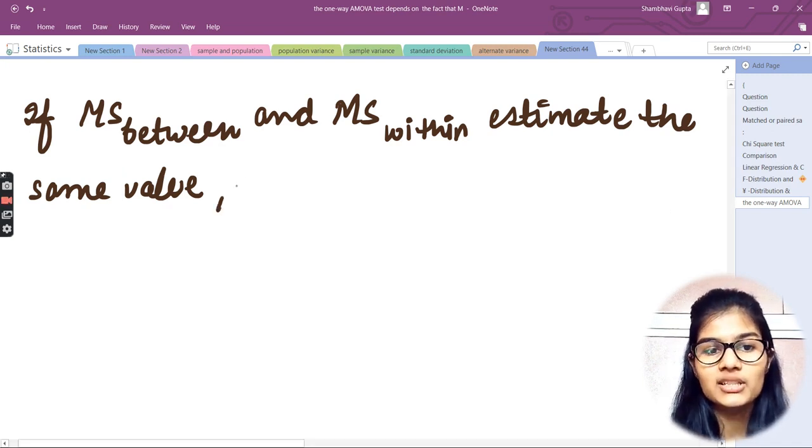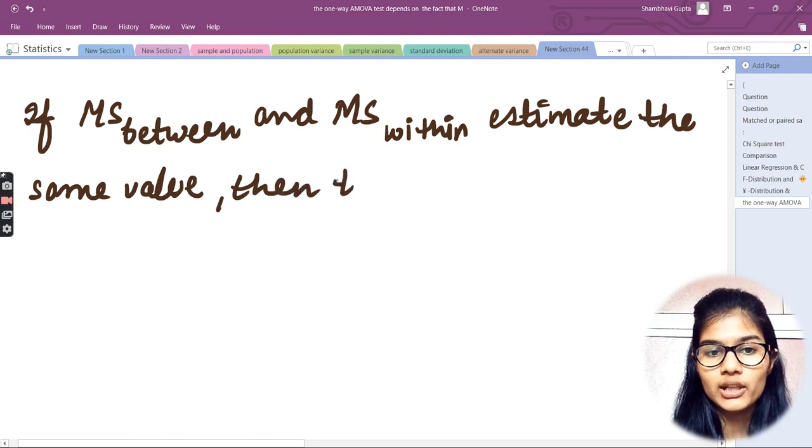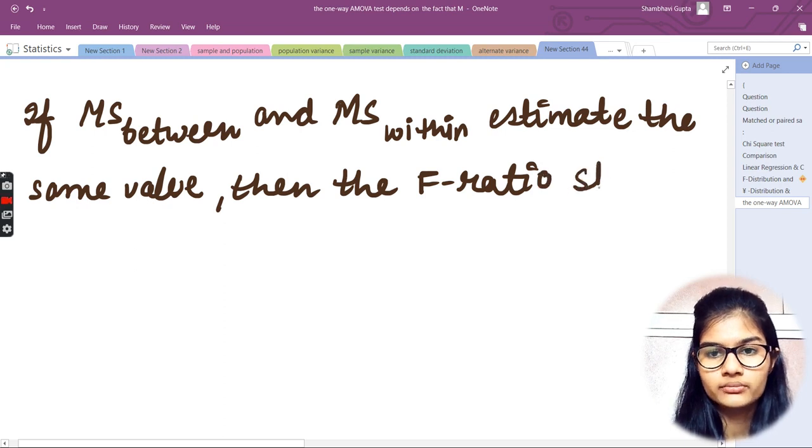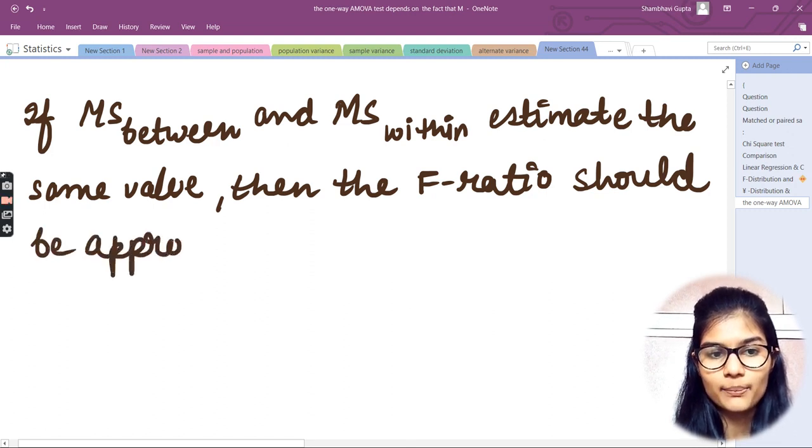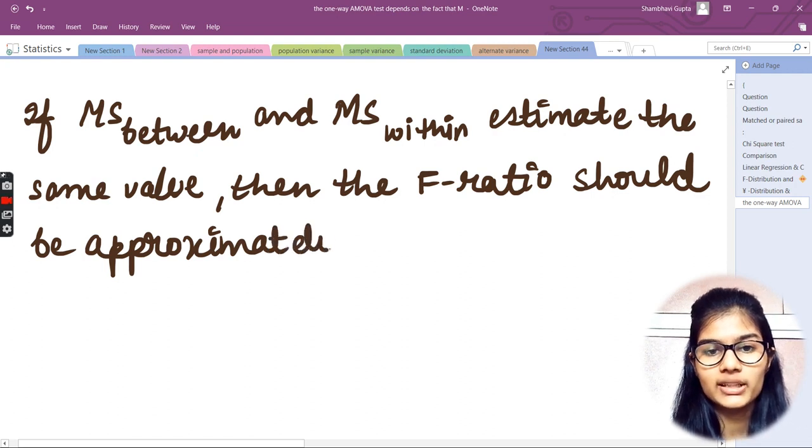Then in that case, what happens? The F ratio should be approximately equal to 1.